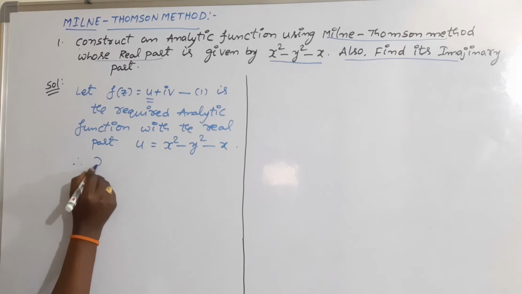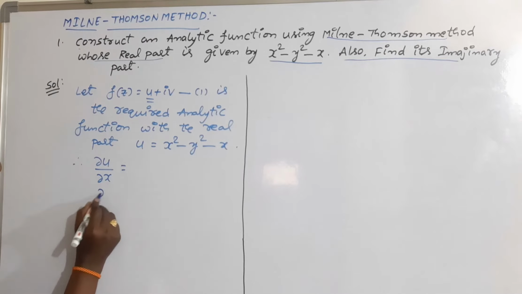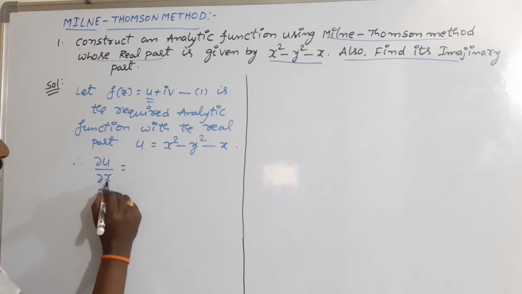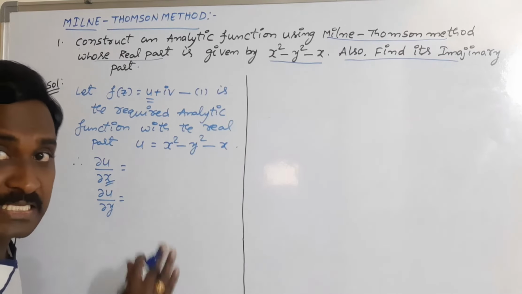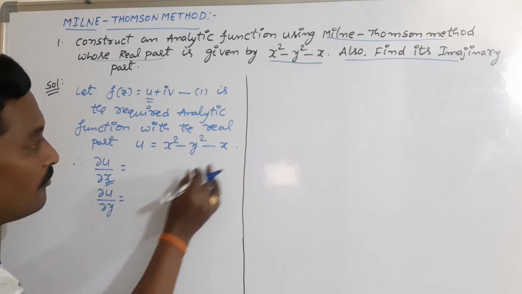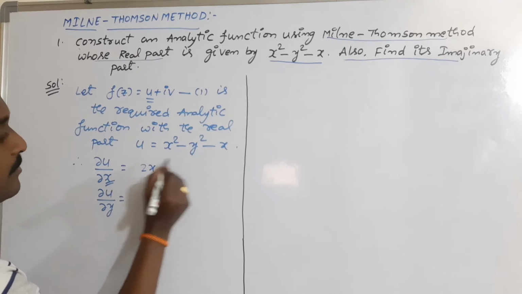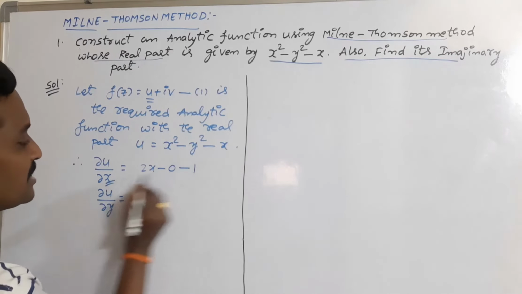So first of all, find out the partial differentiation of u with respect to x and with respect to y: dou u by dou x and dou u by dou y. Whenever we are taking the partial differentiation of u with respect to x, only x is the variable, y is automatically constant. So its derivative is 2x, y square becomes 0, and the derivative of x with respect to x is 1.